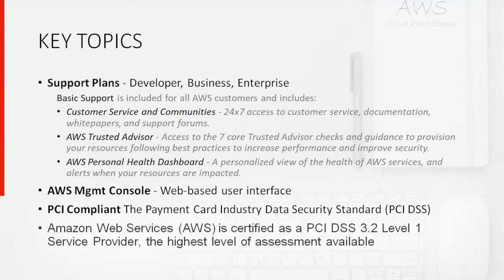AWS Trusted Advisor, access to the 7 core Trusted Advisor checks and guidance to provision your resources following best practices to increase performance and improve security. AWS Personal Health Dashboard, a personalized view of the health of AWS services and alerts when your resources are impacted. AWS Management Console, web-based user interface.